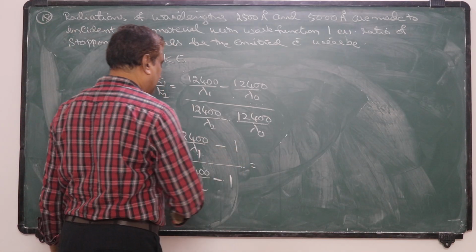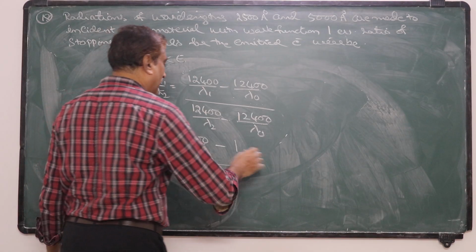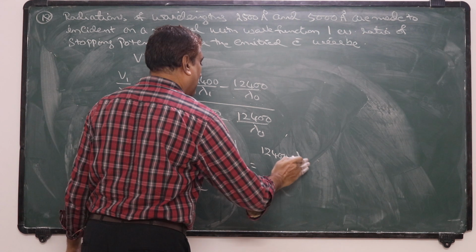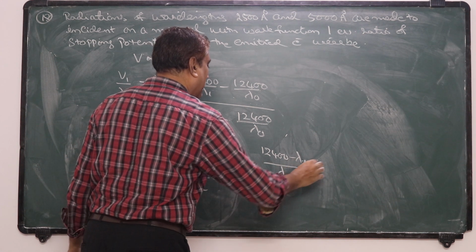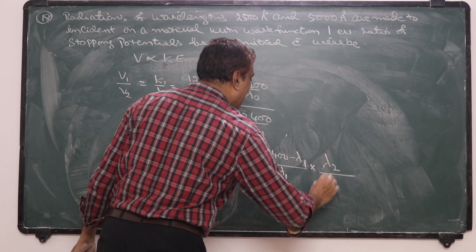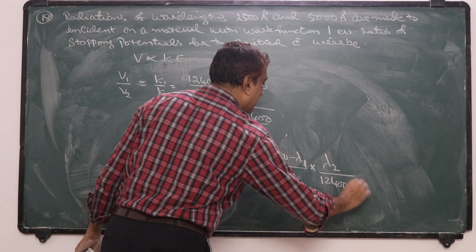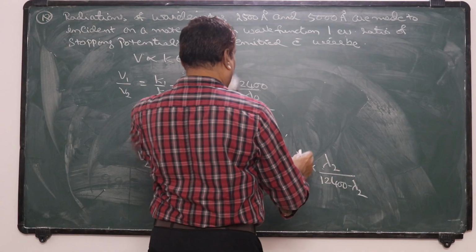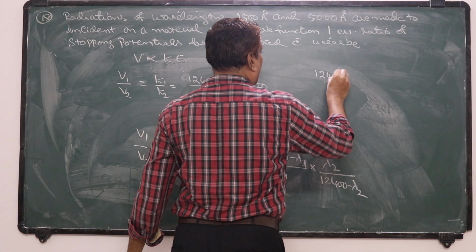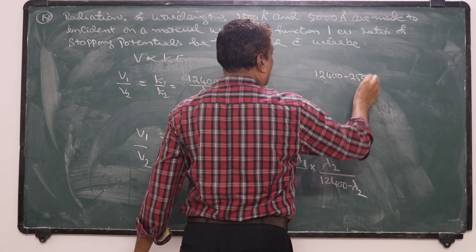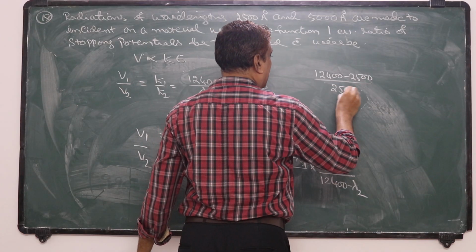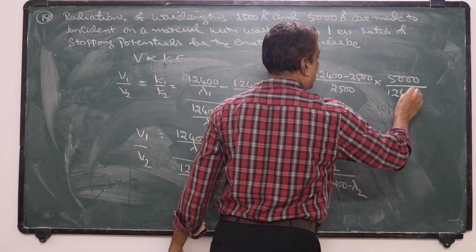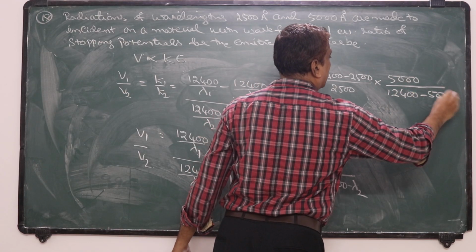Now we can write it as 12400 minus lambda 1, into lambda 2, by lambda 1 into lambda 2, by 12400 minus lambda 2. So lambda 1 is 2500: 12400 minus 2500, by 2500 into 5000, by 12400 minus 5000.